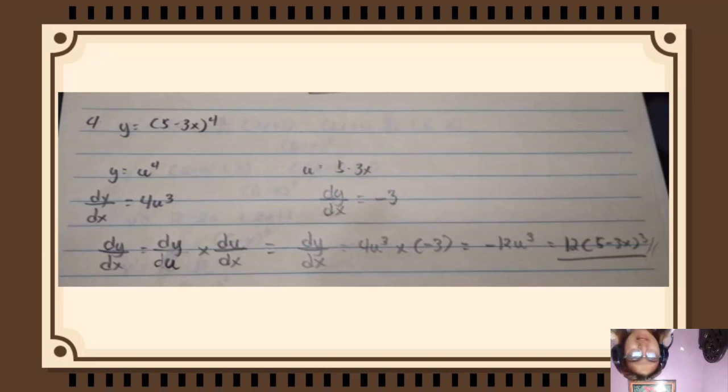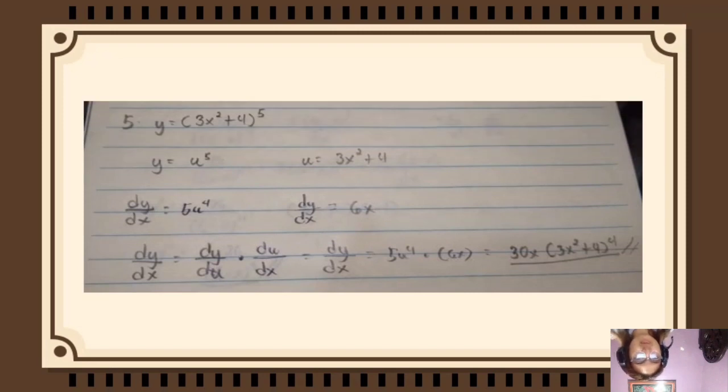Ayan na, right answer natin. Negative 12. U natin, sinubstitute na natin ito dito. Diba? Tapos yung power natin, dinagay natin dito. Okay. So, next na.